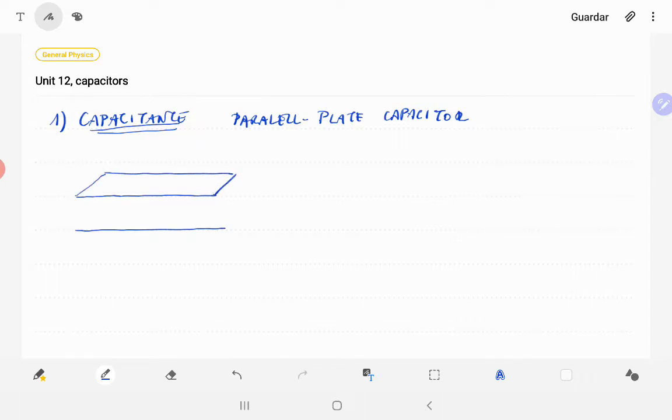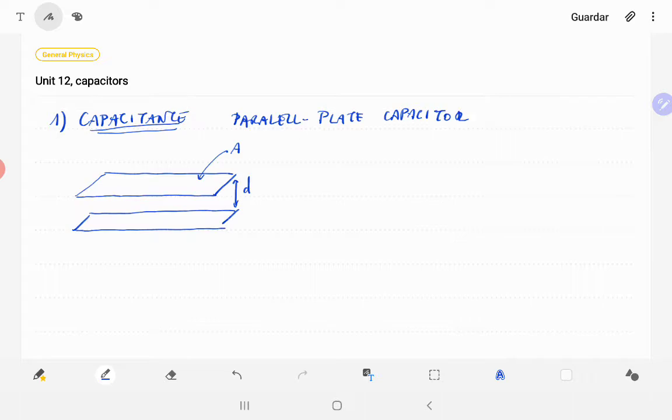We're going to characterize this capacitor because the plates have an area of A and they are located at a distance d. Even though this is the drawing, normally this distance is quite a bit smaller than any of the sides of the parallel plate. So we're going to work here in the infinite plane approximation.